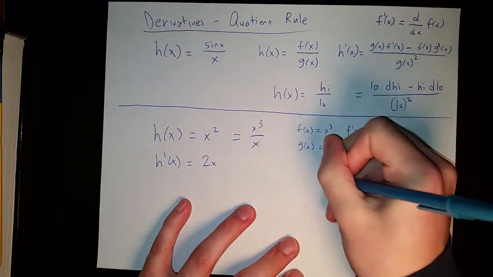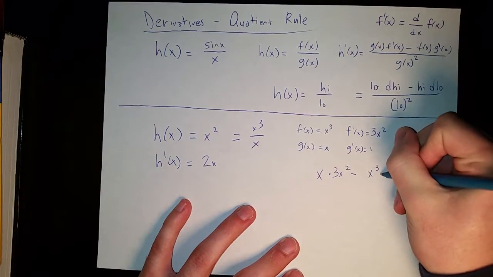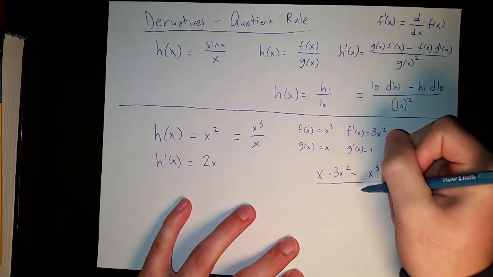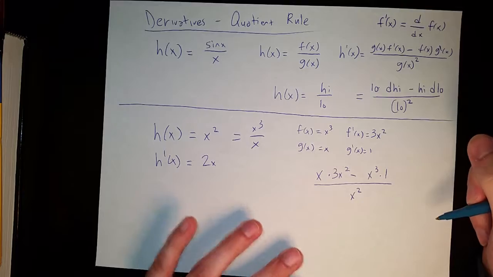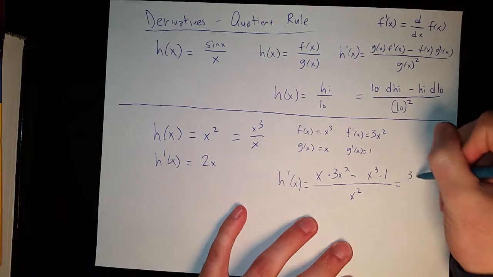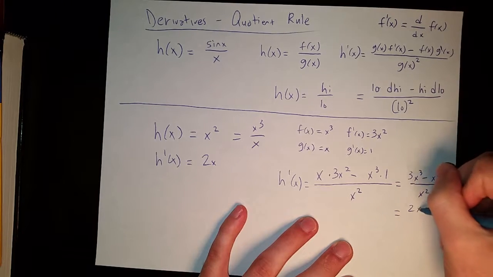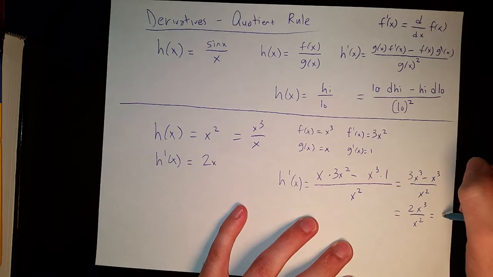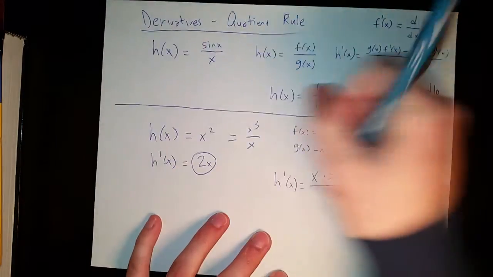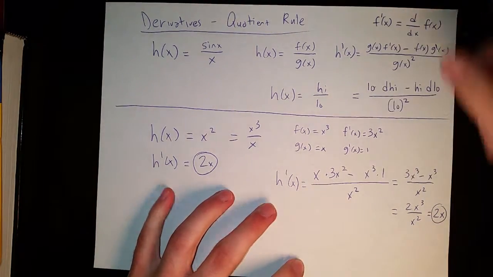So we got low d high minus high d low over low, which is x squared, equals 3x cubed minus x cubed over x squared, equals 2x cubed over x squared, equals 2x. Ties out. Look at that. Perfect. So now that we dummy proofed our quotient rule equation, let's move on to something good, something juicy.